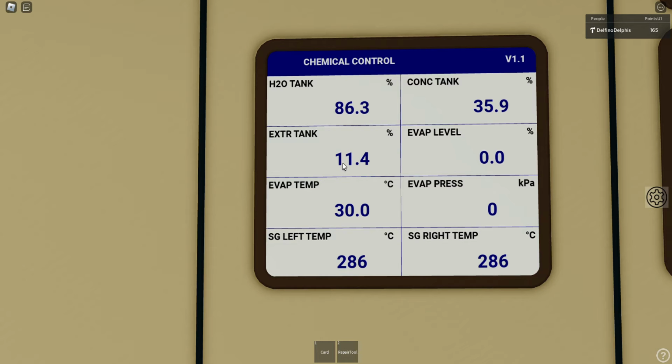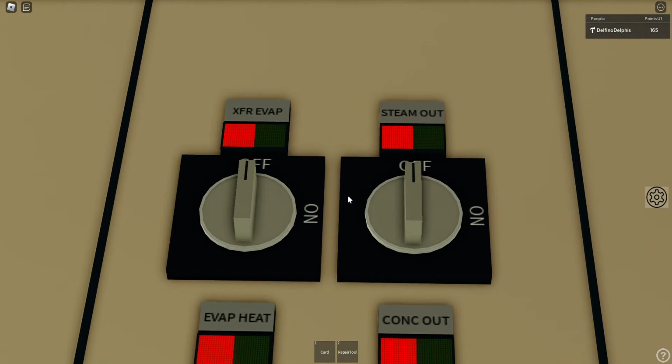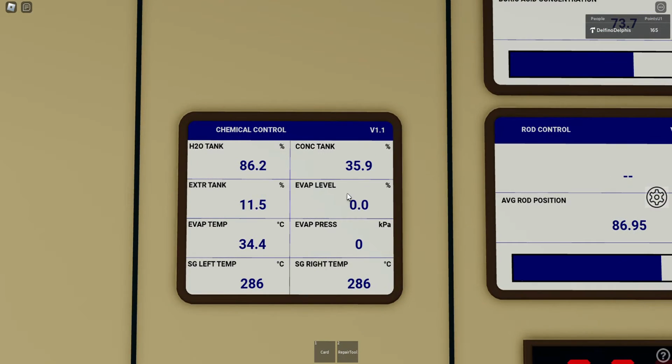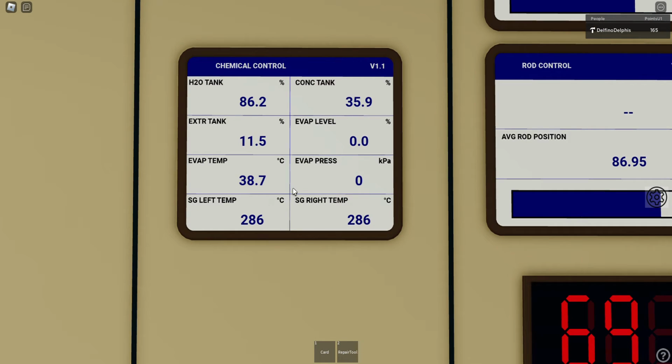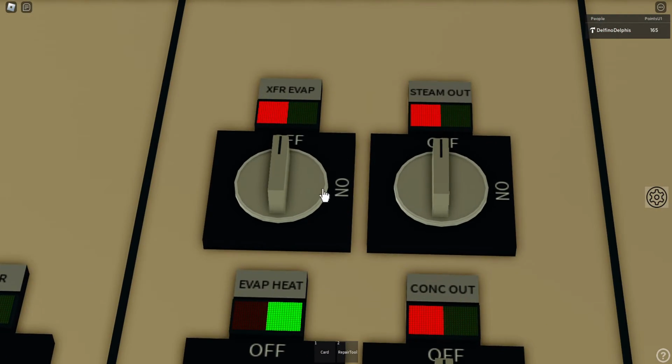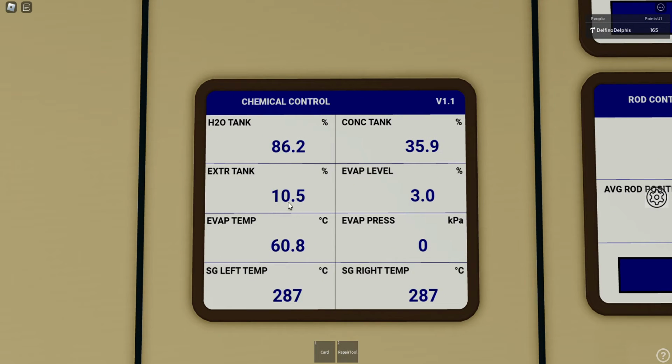And in order to split this up, you have an evaporator. So now I will provide steam heat to the evaporator. See, the temperature will rise. You need to have steam in the secondary for this to work. And I will pump this extract to the evaporator.